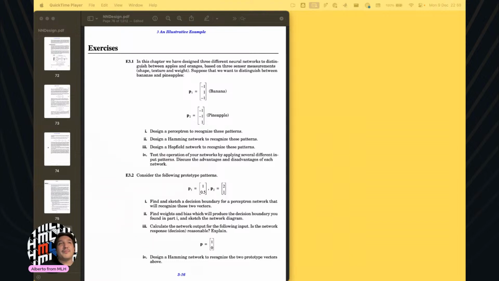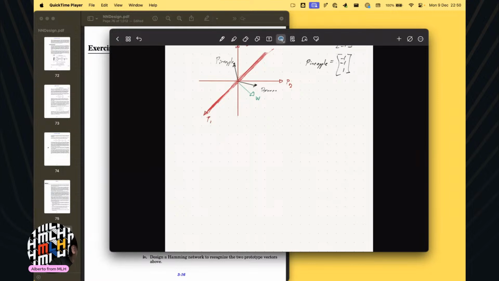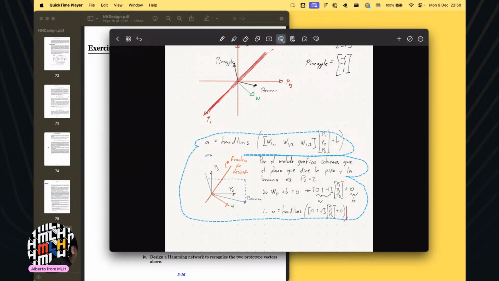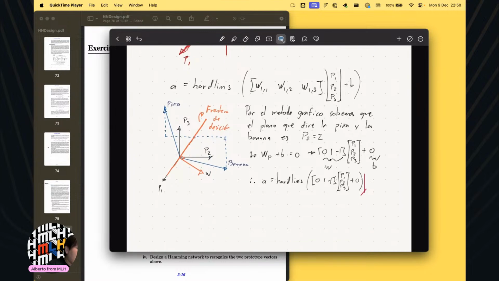Okay, yeah. So I copied my exercise and I'm pasting it here because now I sketched it quickly. But here it's the same, but better explained.